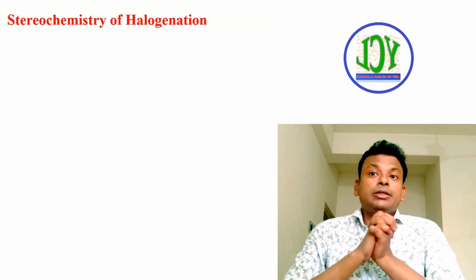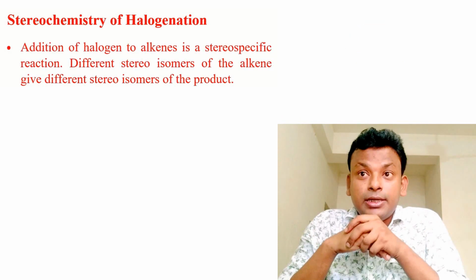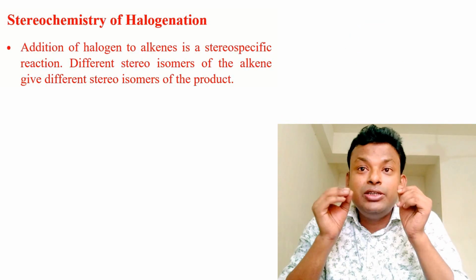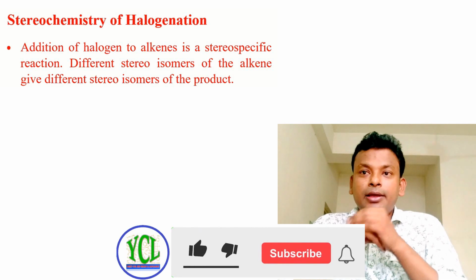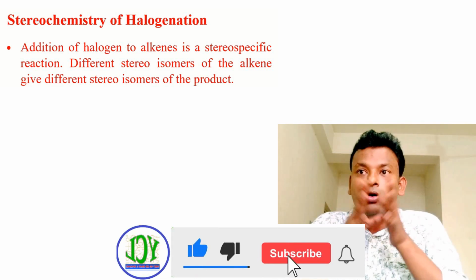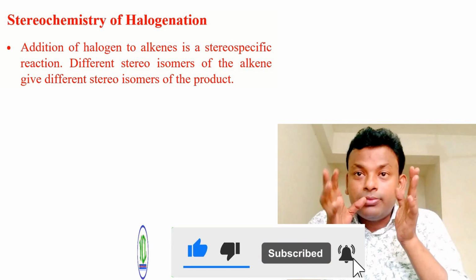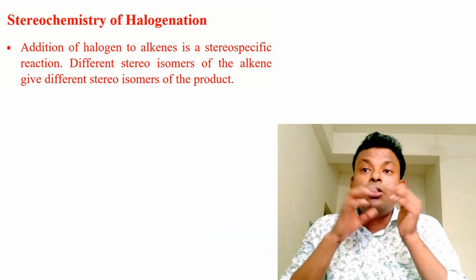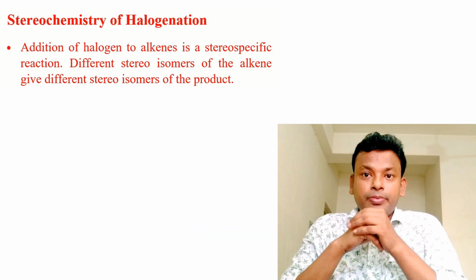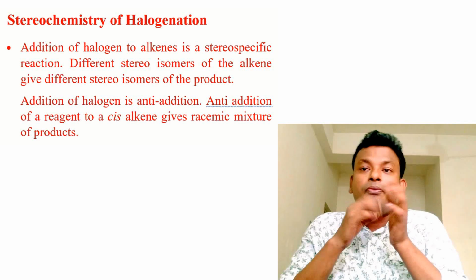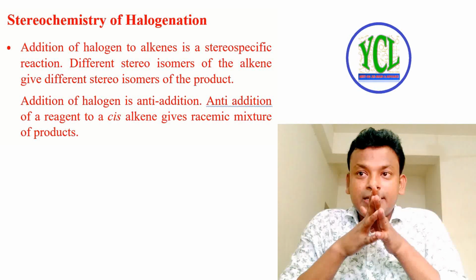Stereochemistry of halogenation. Addition of halogen to alkene is a stereospecific reaction. Different stereoisomers of an alkene give different stereoisomers of the product. And addition of halogen is anti-addition.